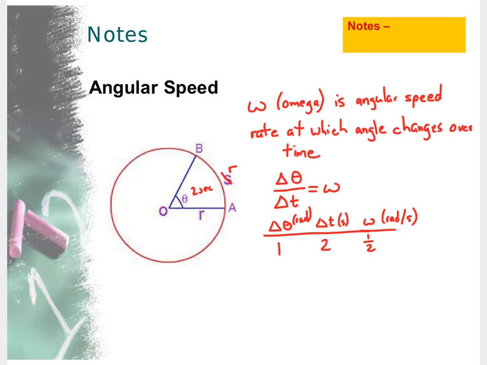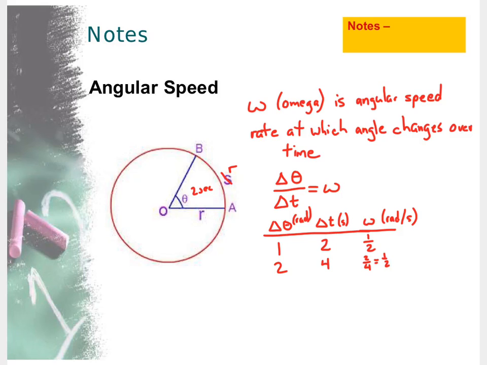Well, let's say that over the next 2 seconds, I went another radian, so after 4 seconds total, I go 2 radians. Well, 2 divided by 4 is the same as 1 over 2, so I have not changed my angular speed. It's still 1 over 2 radians per second.